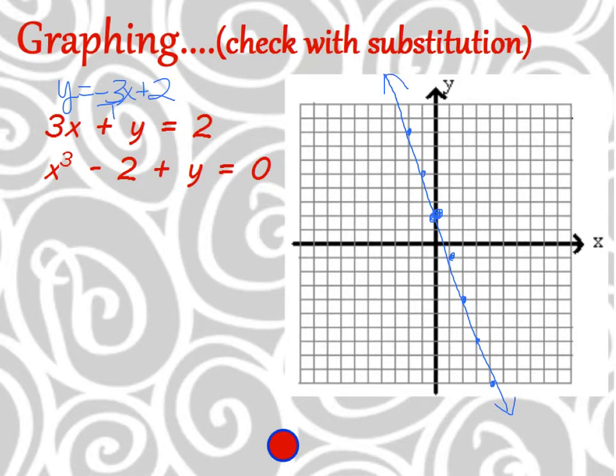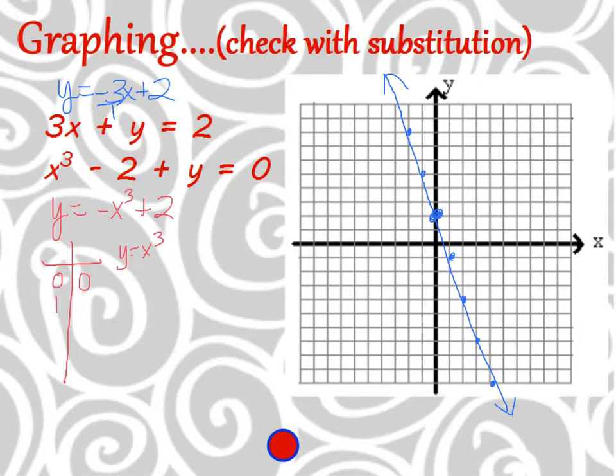Now let's look at this cubic. All right, first thing I'm going to do is get the y by itself. So I'm going to end up with a y equals, subtract the x cubed, and add the 2. Now, you have to kind of go back on this one and think back to your parent graph, y equals x cubed. On a y equals x cubed, when you plug in 0 for x, you get 0 for y.